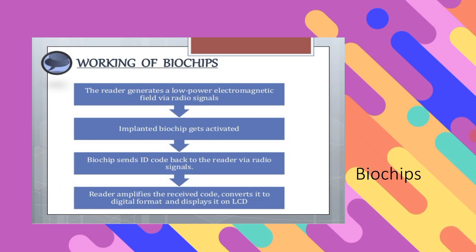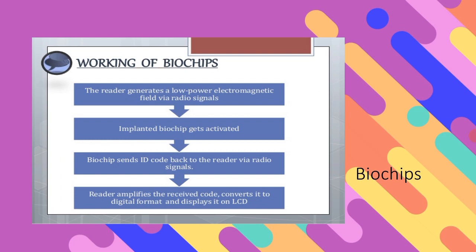In the earlier slide we saw the reader having the exciter coil. That exciter coil is producing the electromagnetic field with the help of the radio signal. That electromagnetic field provides the energy to activate the implanted biochip, right?